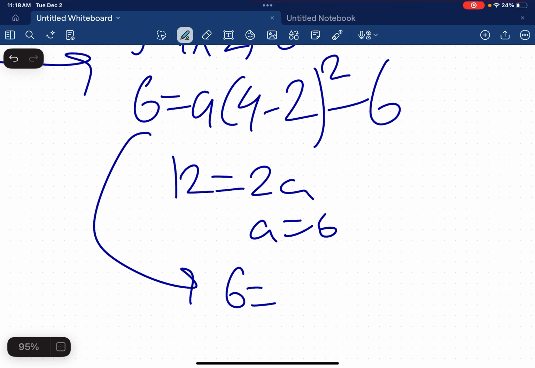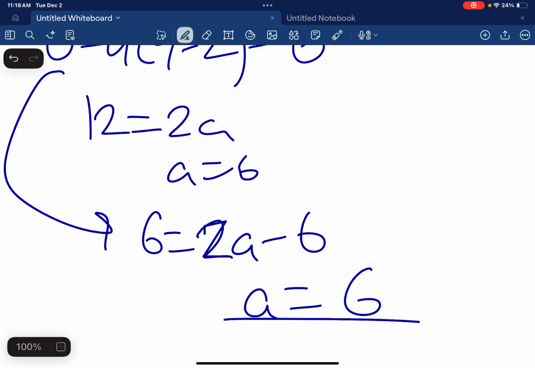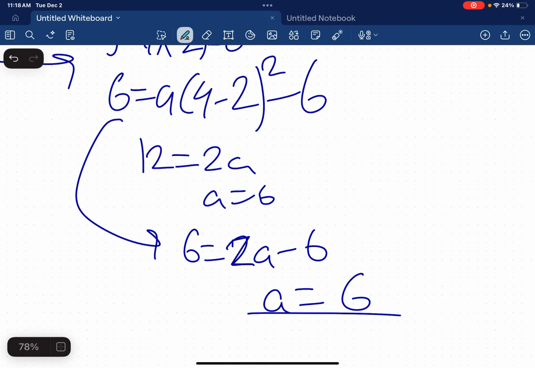We have 6 is equal to 2a. Oh, that is weird. Minus 6. Yeah, okay. A is equal to 6 then. Right? I don't know why I'm asking y'all. Oh, wait, what am I doing? Oh my god, embarrassing.